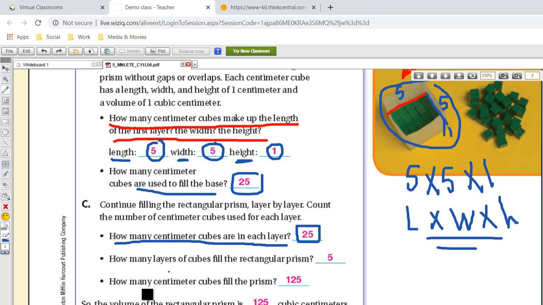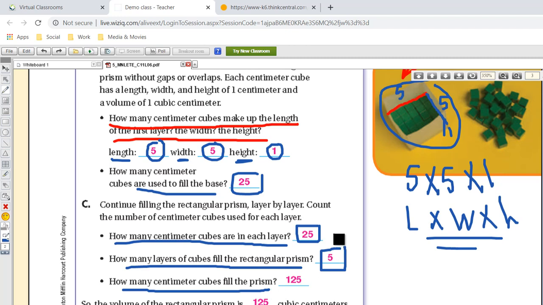Okay, so how many layers of cubes fill the rectangular prism that we're going to put inside this box? The box is in the form of a rectangular prism. So we want to fill it with 5 layers. After that, how many centimeter cubes fill the prism?